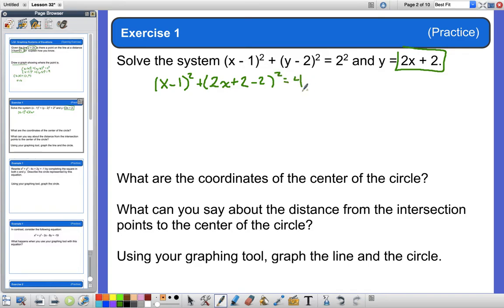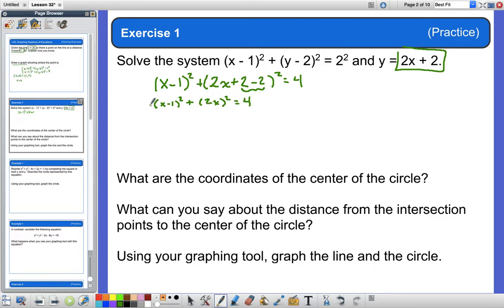That's going to equal 4. Now, the neat thing about this one, and it's kind of set up this way, is that the 2 minus 2 goes away. So now you've got (x minus 1) squared plus (2x) squared equals 4.